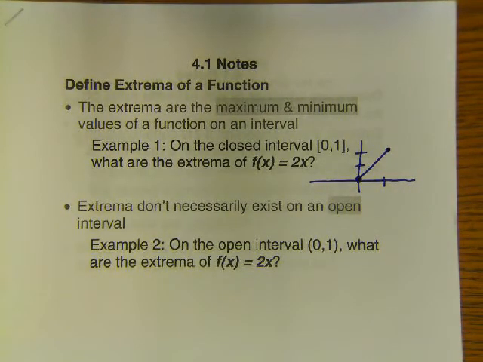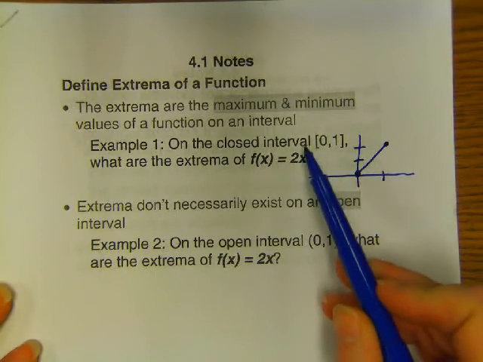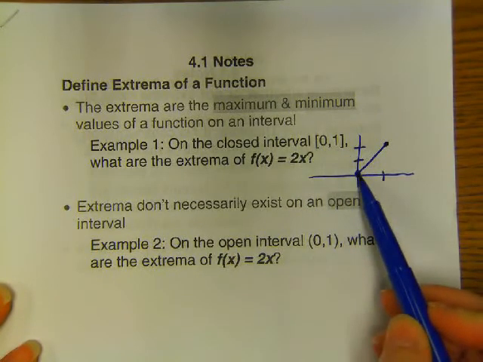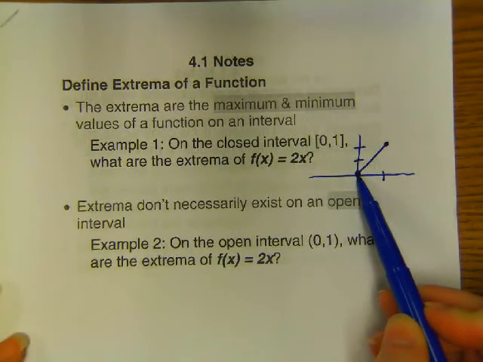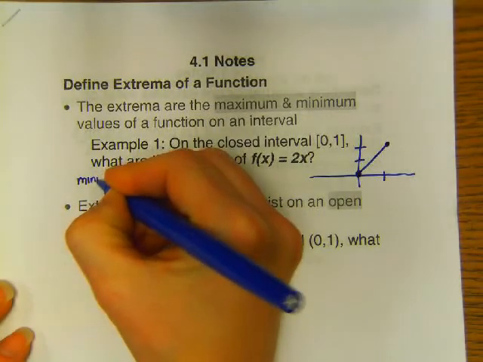it actually has an extrema, and that's what I want to point out. Even though it doesn't look like a high or low point of a curve, this is still the low point. Why? Because the interval is closed. So this function on this interval has a minimum of 0, 0.